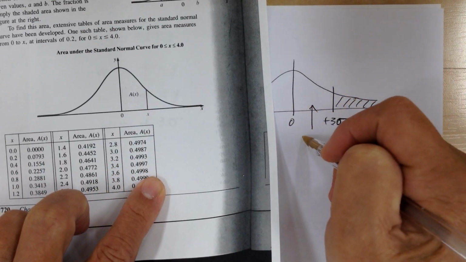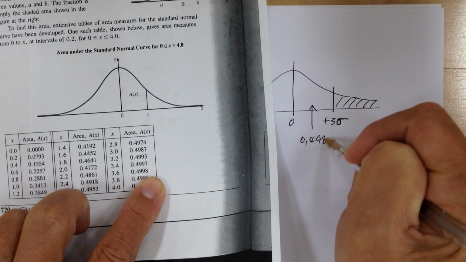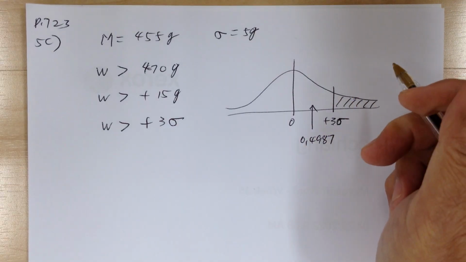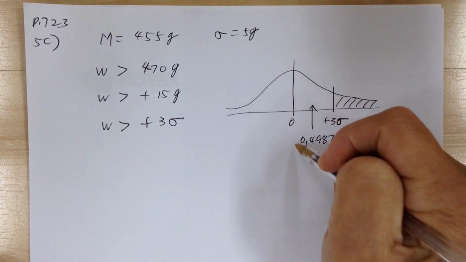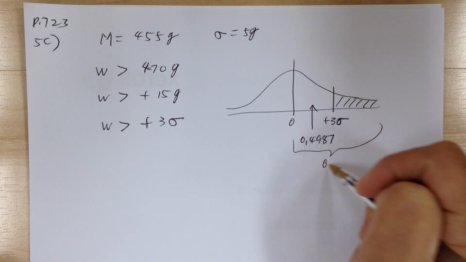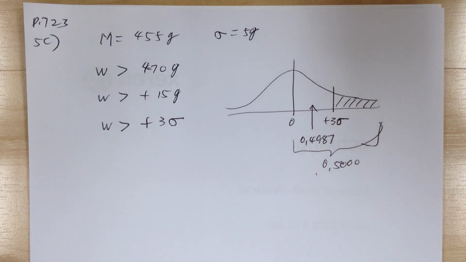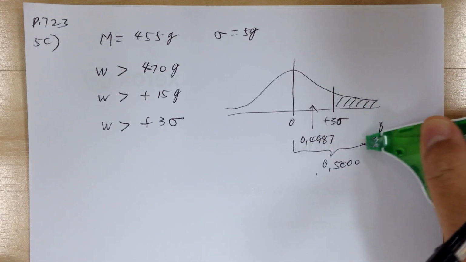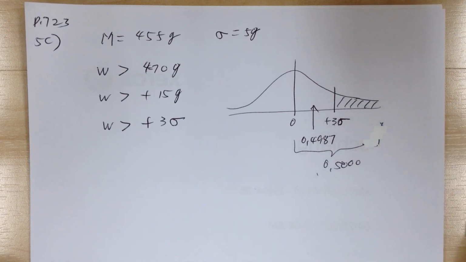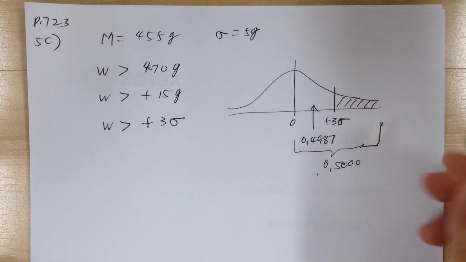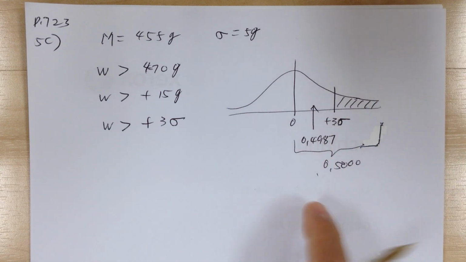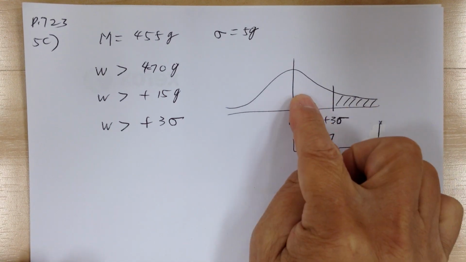So this over here is 0.4987. Okay? So the area you're looking for, this whole thing is half. It's 0.5000. Okay? So the area you're looking for, you have to use this minus that, right?